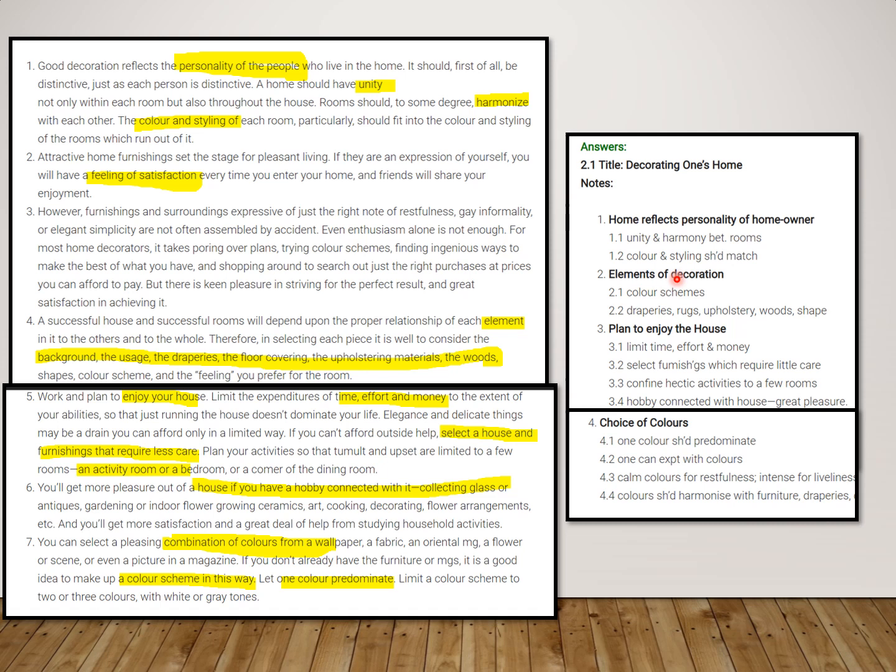In the second main point, there are only 2 subpoints. And in the third main point, there are 4. In the fourth main point, I've mentioned 4. And if you look at all these points, they have taken hardly any point from this paragraph. But does that mean that it is incorrect? No, it doesn't mean it is incorrect. There's a reason why. Because when we write down notes, my notes may differ from your notes. And what is the reason behind that? The reason is that the way I would recollect a longer passage may vary from the way you recollect it.